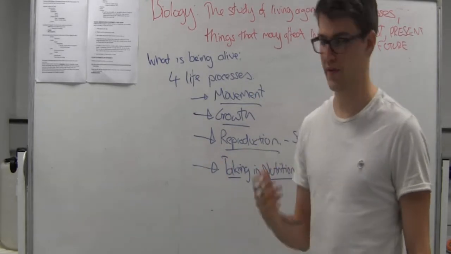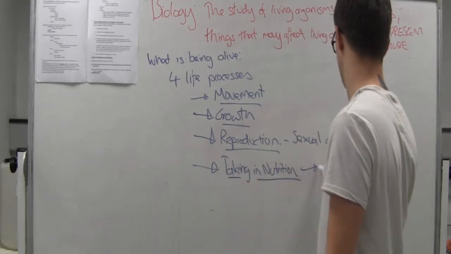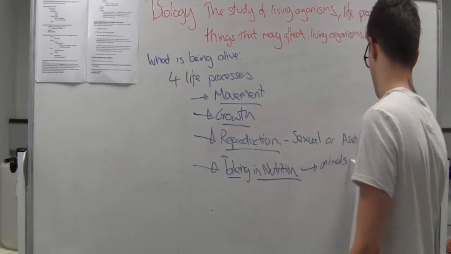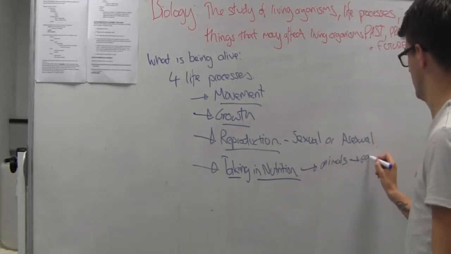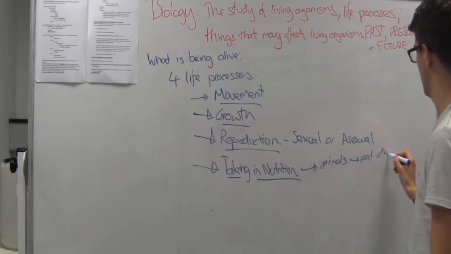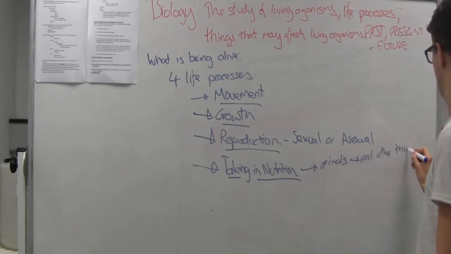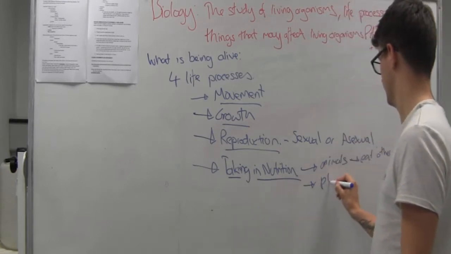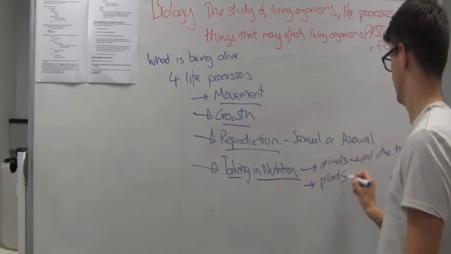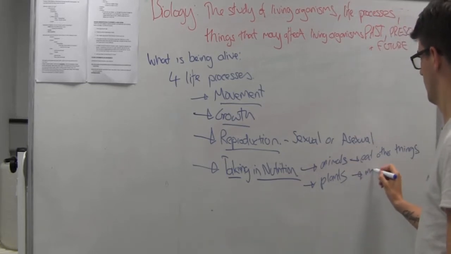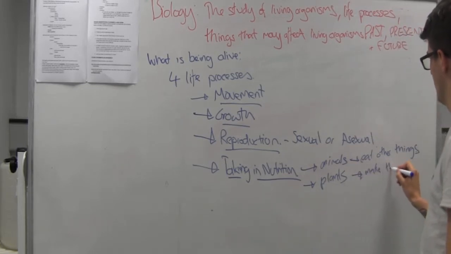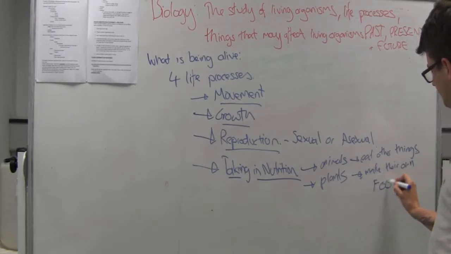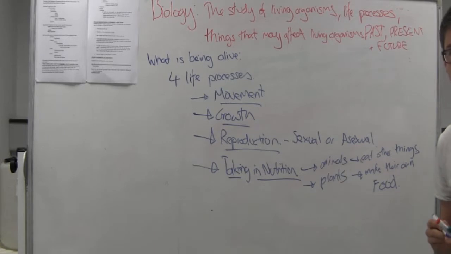This is important to remember with taking in nutrition: animals eat other things, whereas plants make their own food by photosynthesis.